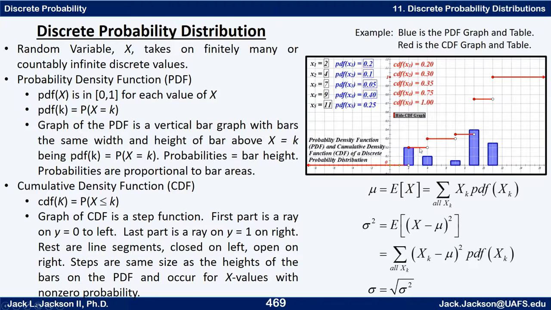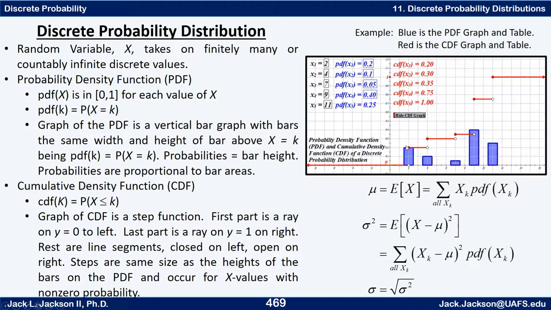The rest are little line segments. That first ray is going to have an open endpoint on the end, and the one on the right is going to have a closed endpoint on the end. And all these little line segments have closed dots on the left and open dots on the right, but they're horizontal line segments. And so they make little steps.